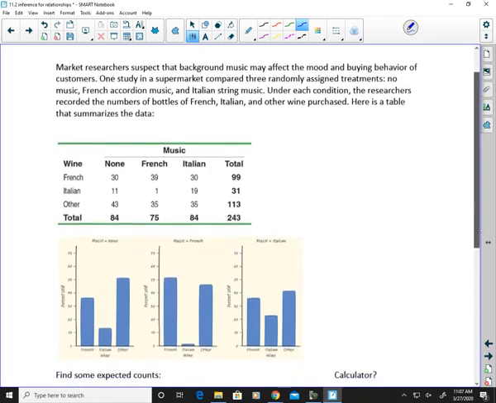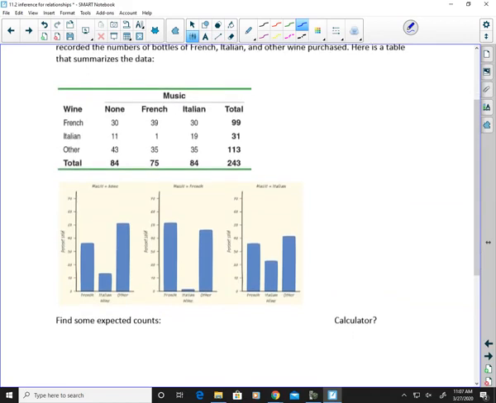Before we do that, let's just look here. This is what we would have done in chapter 1. We would have taken our two-way table of categorical data, and we would have made bar graphs, and we would have compared these bar graphs.